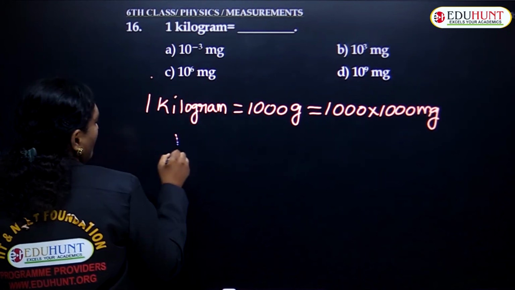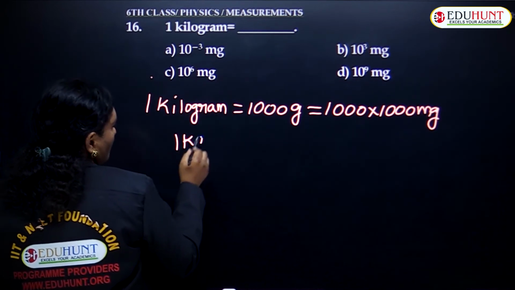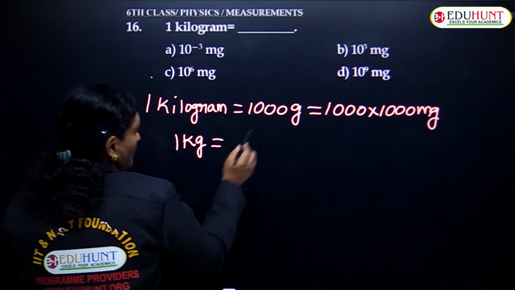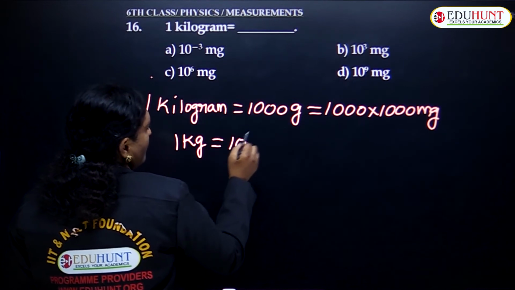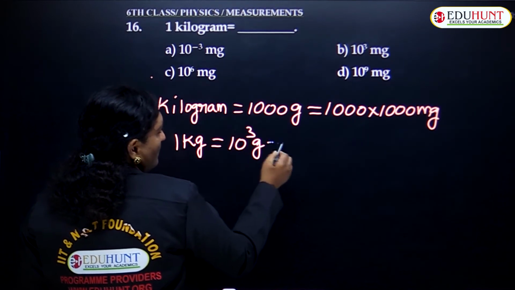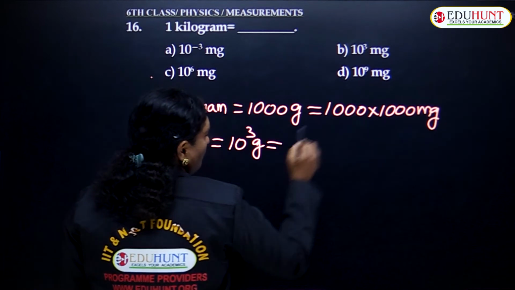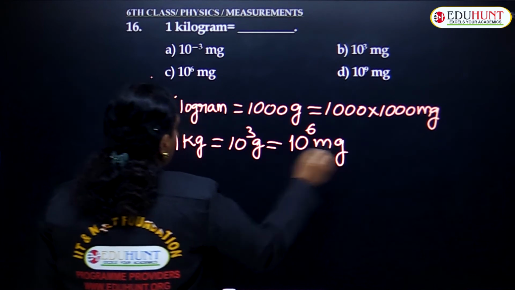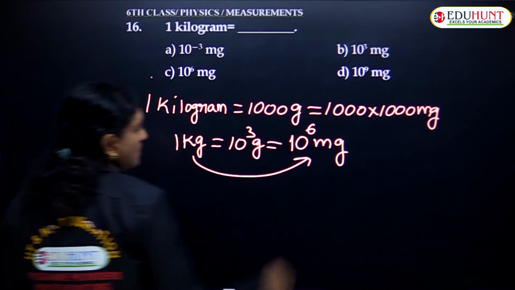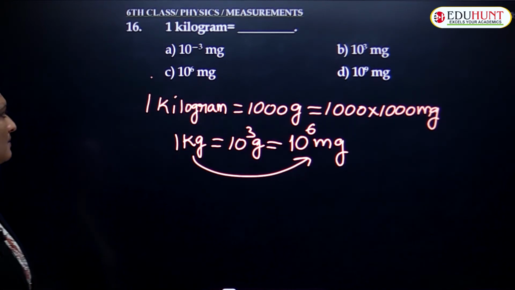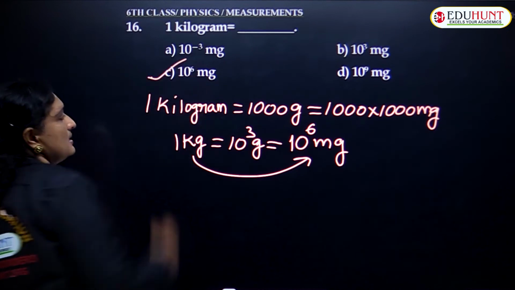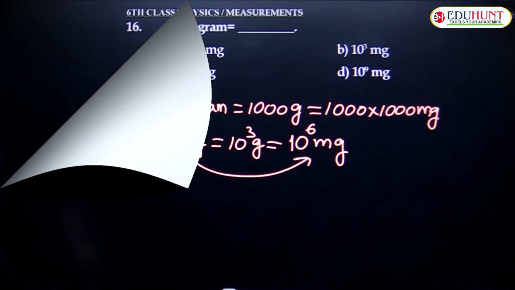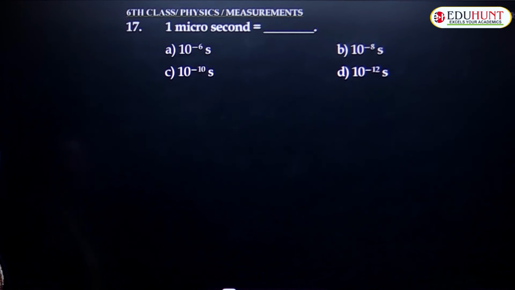So clearly 1 kilogram, short form kg, equals 10 power 3 g, which is equal to 10 power 6 milligram. So 1 kilogram is equal to 10 power 6 milligram. Option number C.